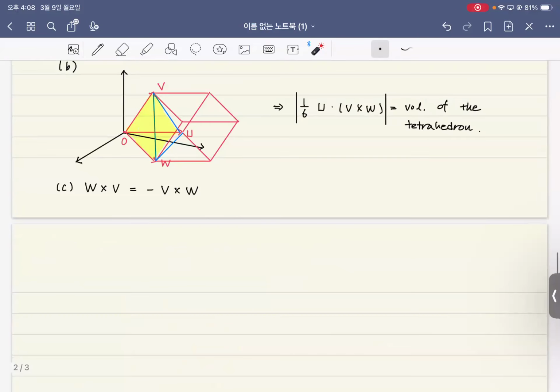Well, I should better draw a picture of this. I'm really bad at drawing pictures, but say that this is the right hand.